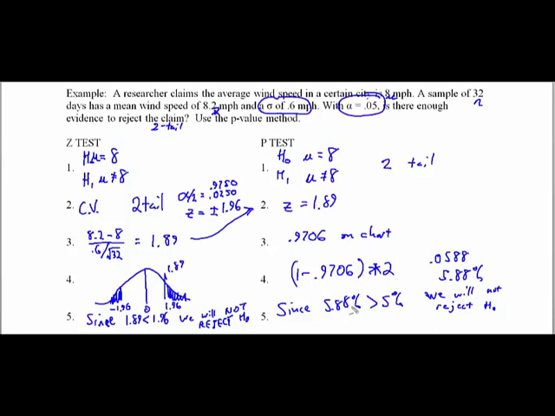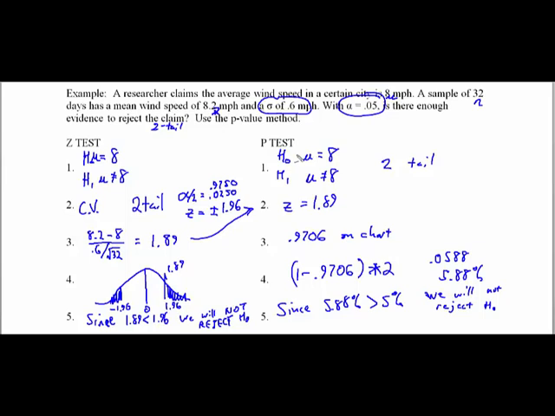Because when we do a p-test, we compare the percentages of the alpha to what we found on our z-chart. And this was bigger than 5%, so that means our data set, if you look back at this picture here, was not inside of the critical region. It was not far out enough for us to say that the average is wrong. We are not sure, and we could be making a type 1 error here. So in this situation, we're not going to reject the null hypothesis.